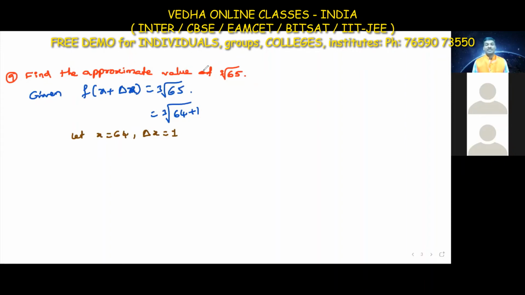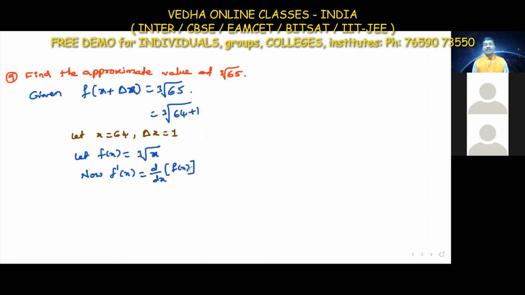Now the function: I am taking f of x equals cube root of x. Now I am finding the derivative, f dash of x. f dash of x is nothing but the derivative, dy by dx of f of x.